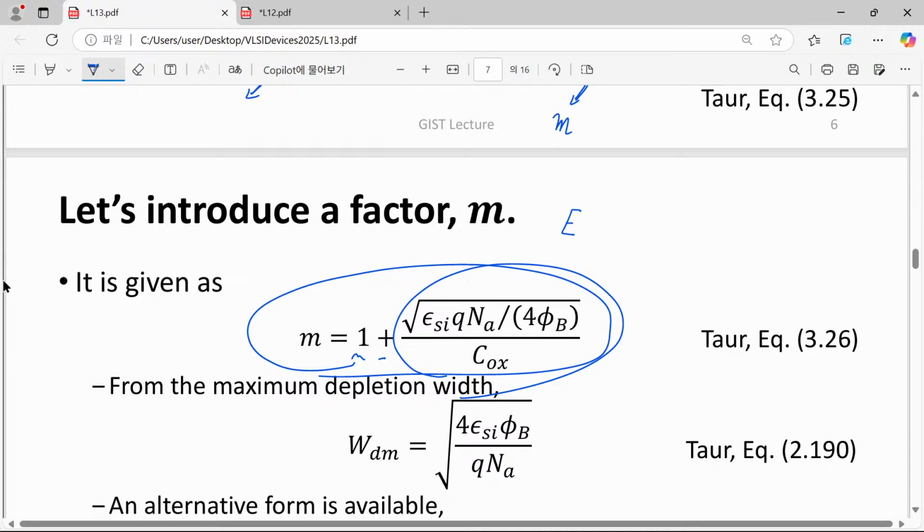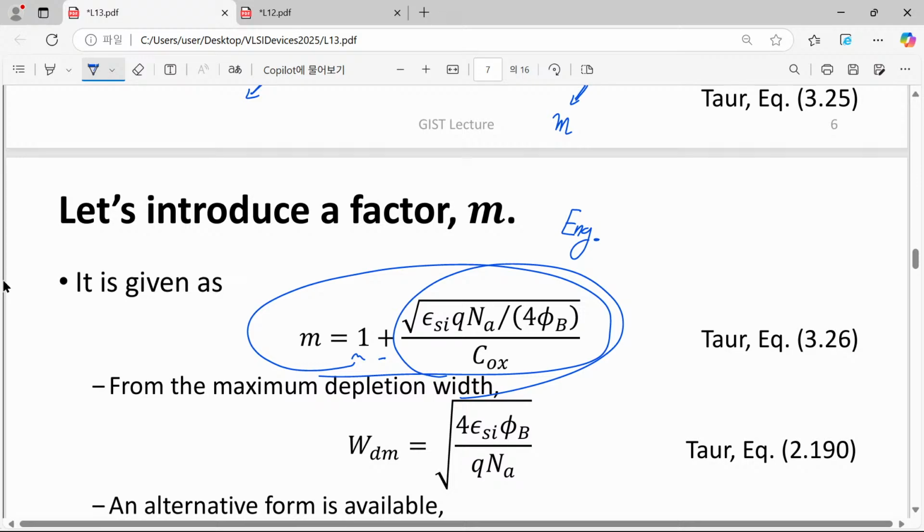In our device engineering, engineers are trying to minimize this value as much as possible. In many cases they succeed to reduce it.